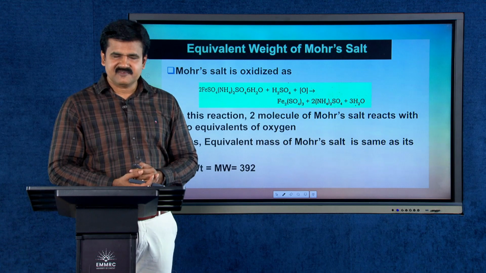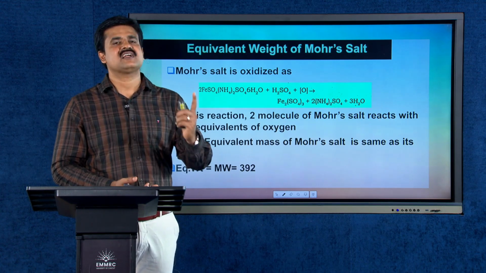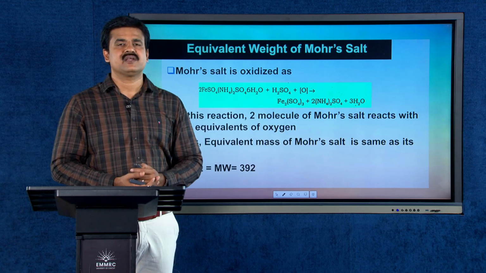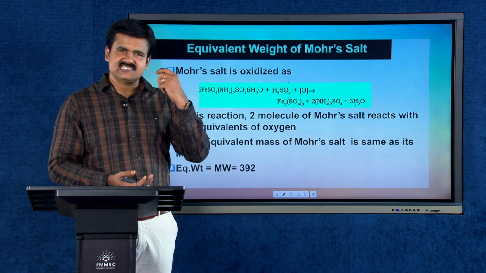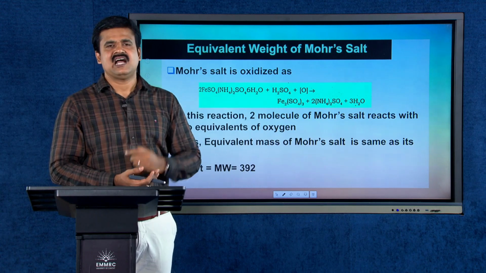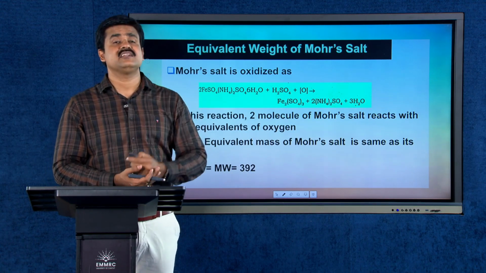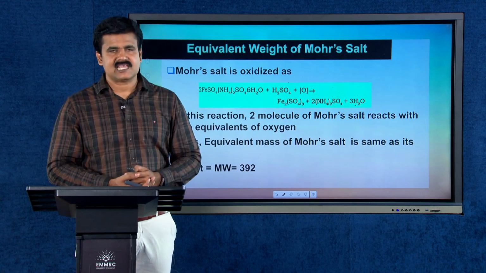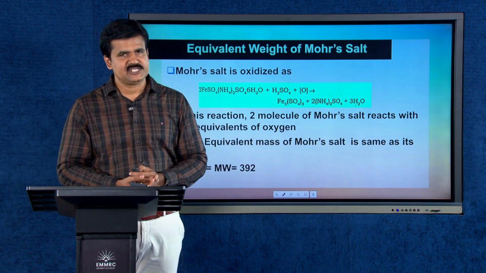Equivalent weight equals molecular weight, equal to 392. Thus, we conclude that in acidified medium, KMnO4 has an equivalent weight of 31.6. In the reactions of oxalic acid, you can calculate the equivalent weight as 63, and for Mohr's salt, the equivalent weight is 392.